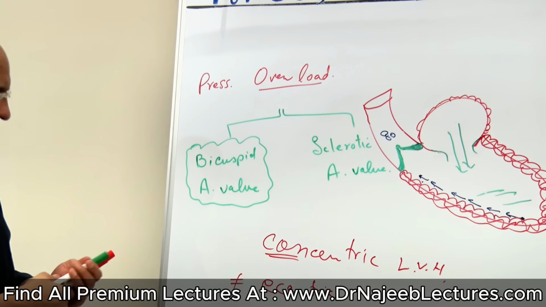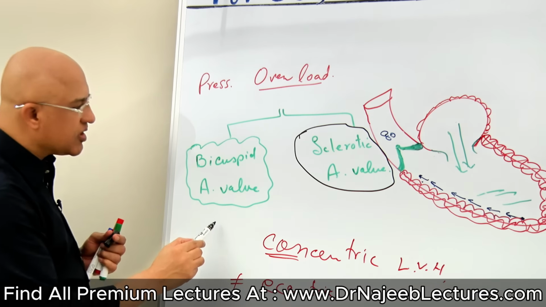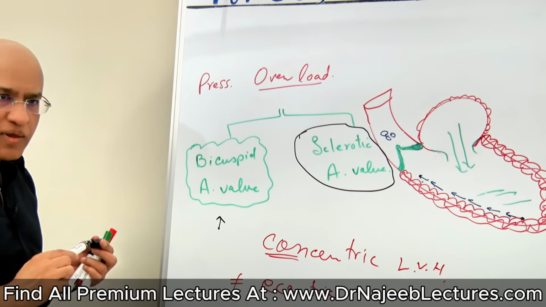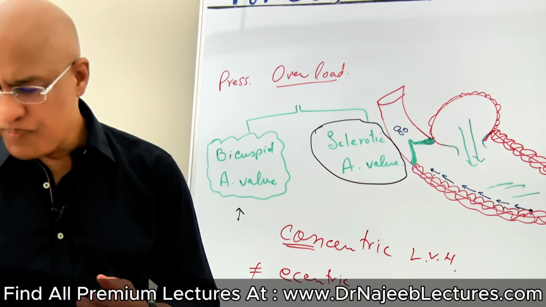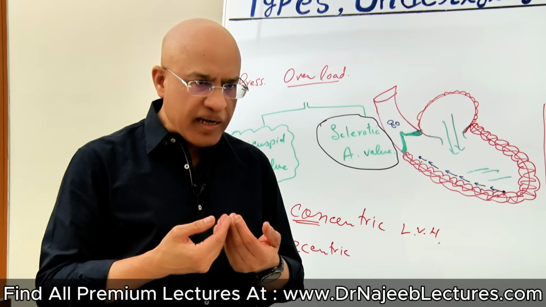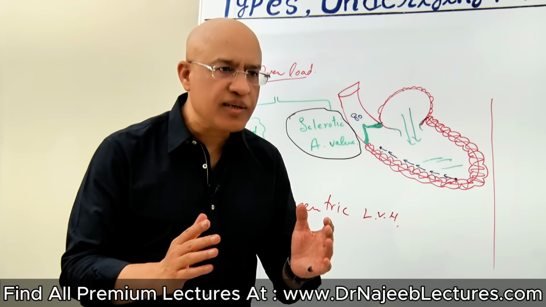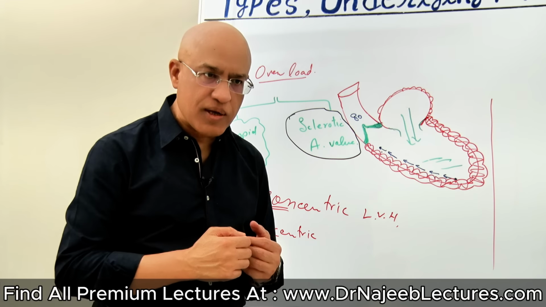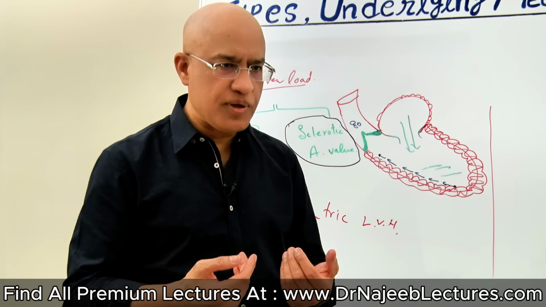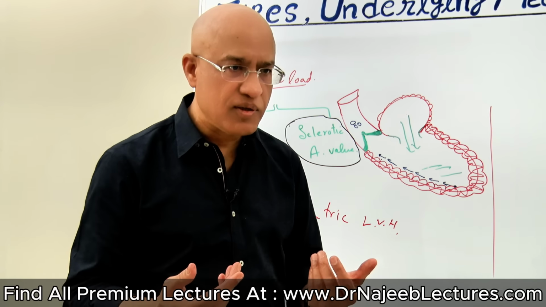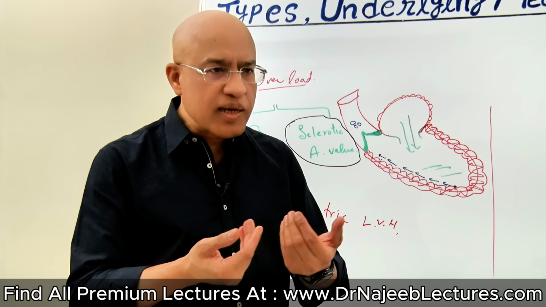Now, what is the real difference? Here the person is born with a bicuspid valve, but usually clinically he does not present in childhood. Why? A bicuspid aortic valve is not as efficient as a normal tricuspid aortic valve, but still it is efficient enough in the beginning years, for 20 years, 30 years, depending, that it keeps on working well.